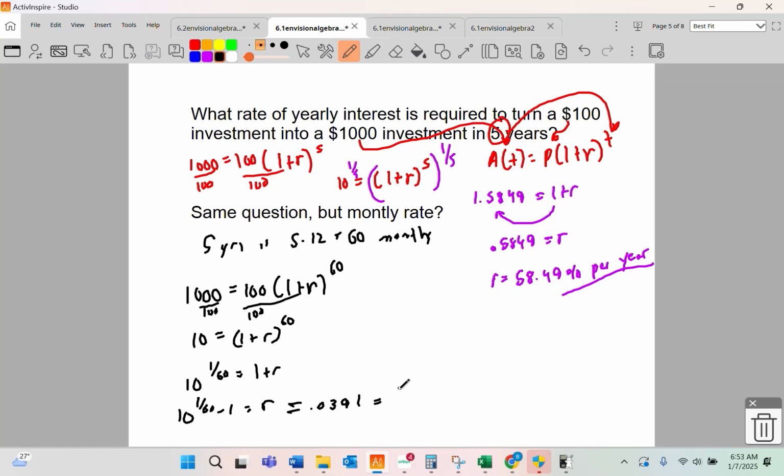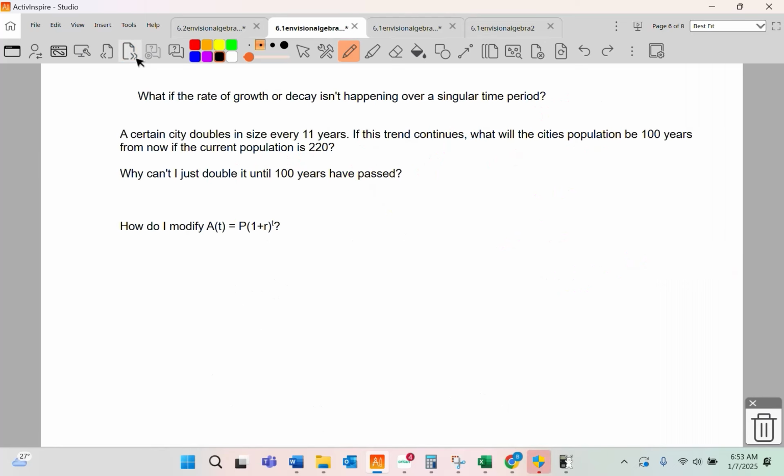Which as a percent is 3.91%. And that's per month. It's monthly. Which is a really, really good rate of return. Well, what do I know? I'm just a broke math teacher.